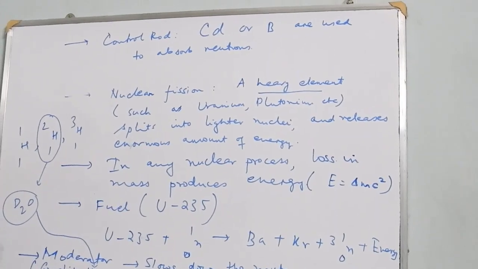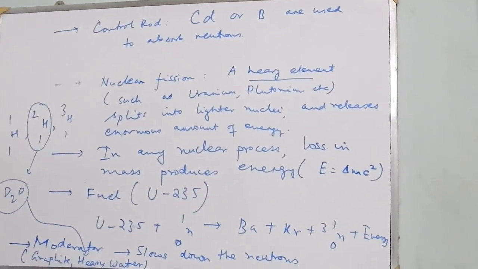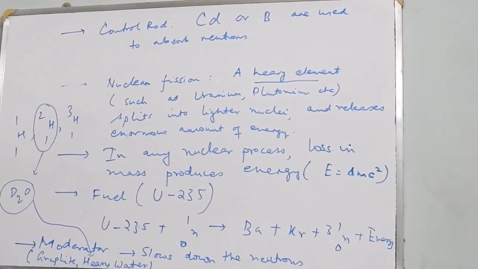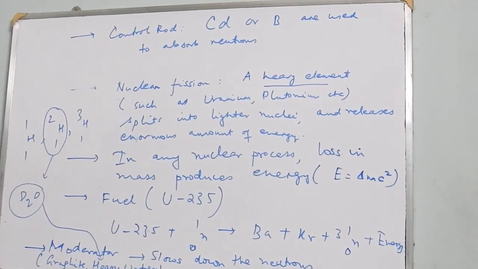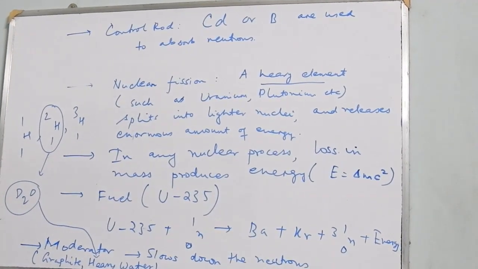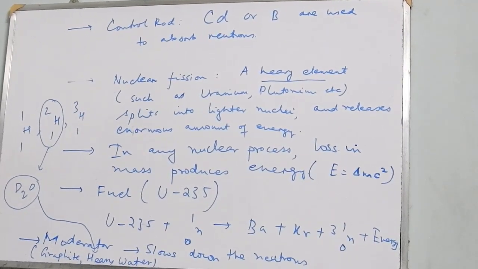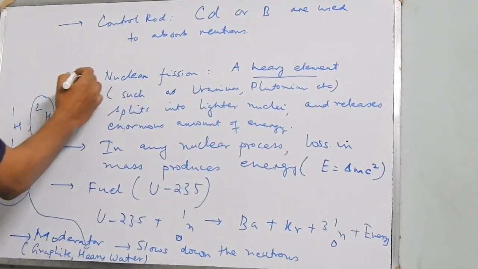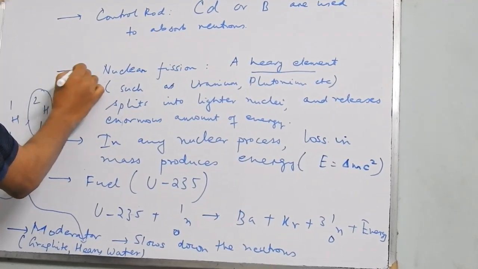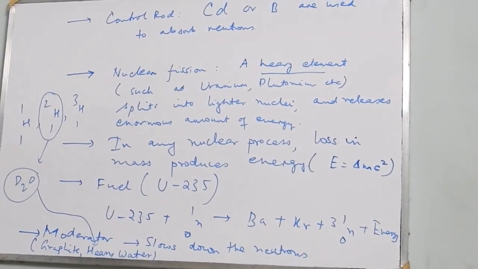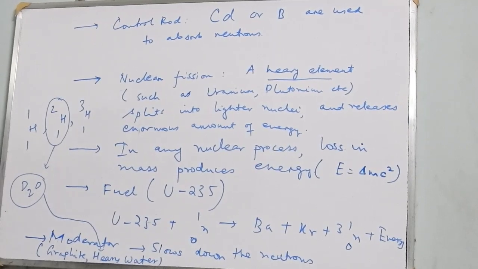Now, the excess amount of heat that is produced is used to produce steam at a very high temperature, and steam at a high temperature is used to rotate a turbine.